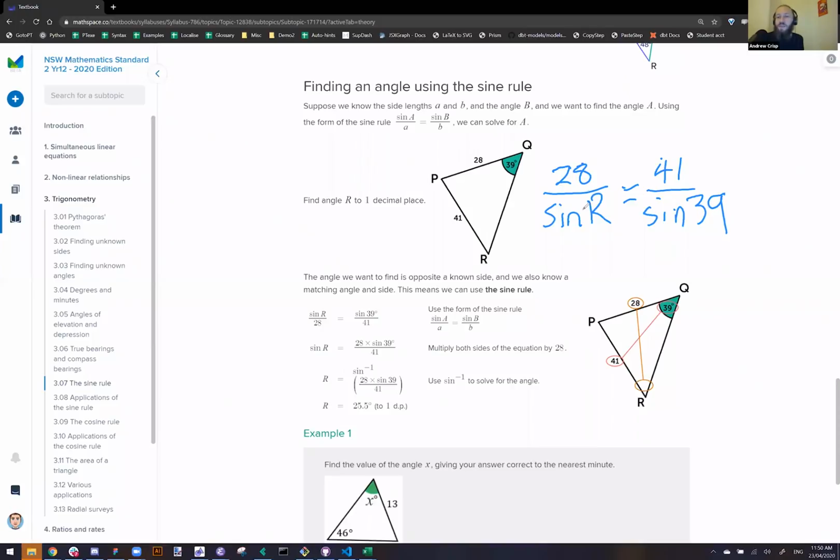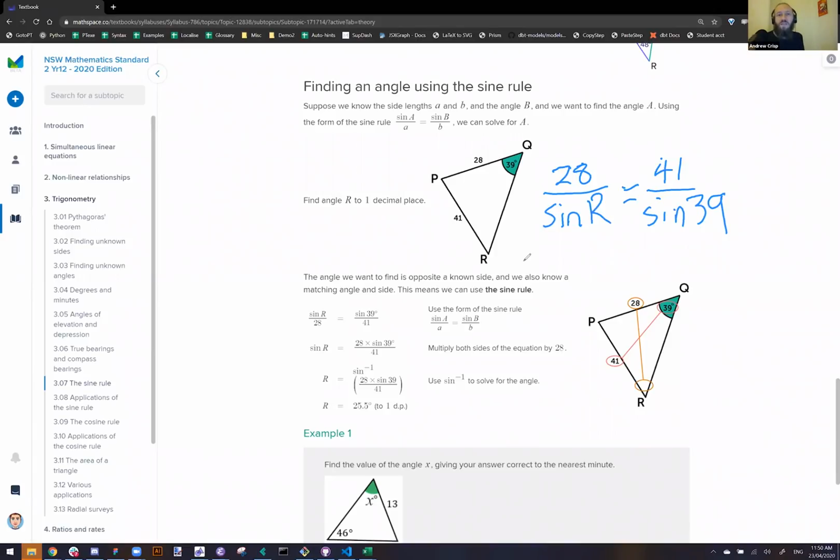But I'm going to instead do the same trick that I mentioned, where I flip both of them upside down. And I do this because otherwise it's going to take a lot of rearranging to get R on its own. Not only is R inside a sine, but it's also in a denominator.